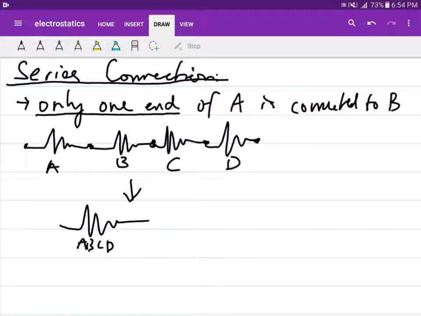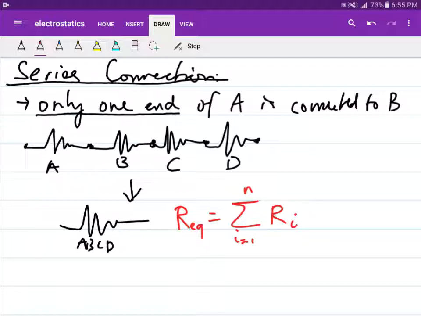In order to simplify this, we need to come up with an equivalent resistance of these four resistors. In series connected resistors, the equivalent resistance is equal to the sum of the individual resistors, from i equals 1 to n.